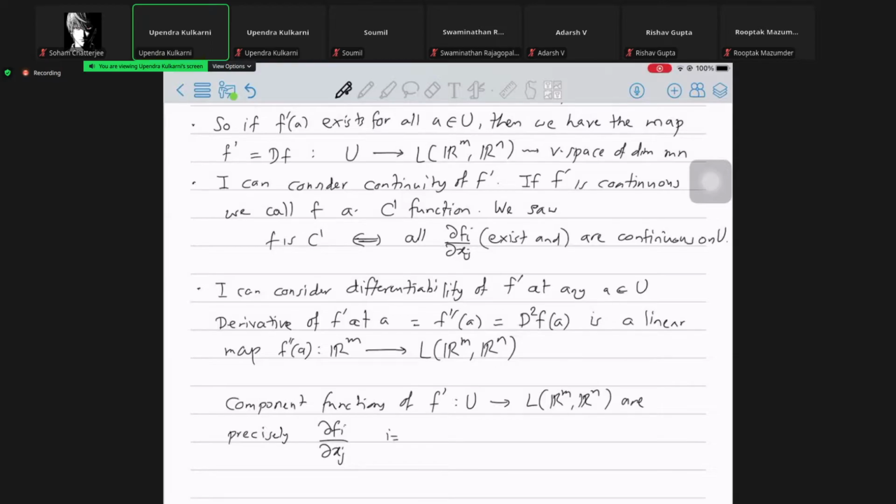And we should write down i going from 1 up to n and j going from 1 up to n.